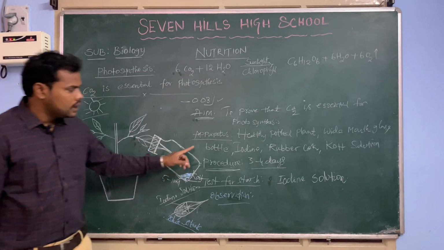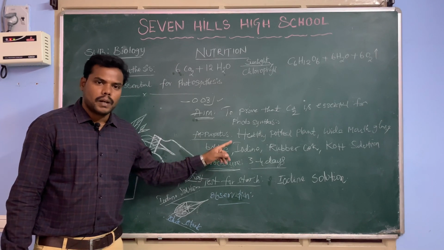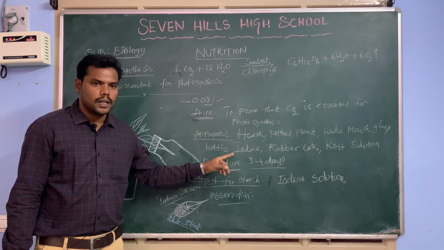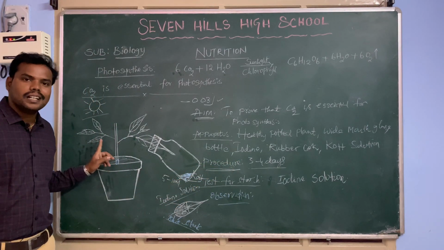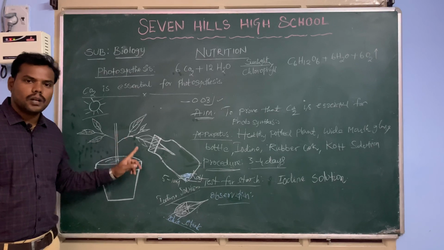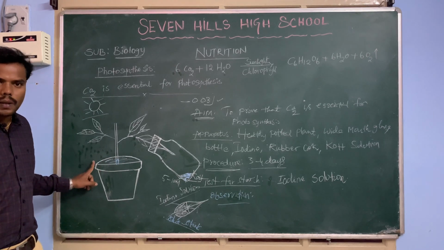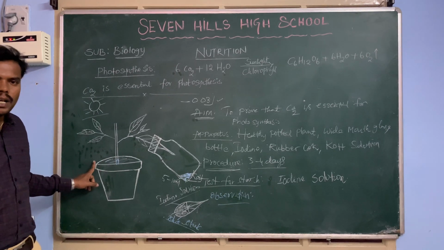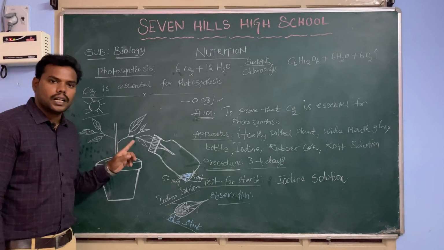Remember that we collect all the apparatus for performing the experiment, and before starting the experiment, the plant must be de-starched. Why? Because in a starched plant we cannot show the result. That's why we collect a de-starched plant here. For de-starching, we keep the plant for a few days in a dark room.